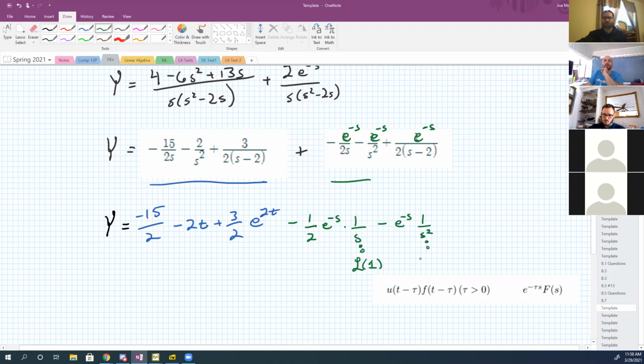I just did this one earlier; I'm pretty sure that's the Laplace transform of t. Then I have a plus 1/2 e to the minus s times 1 over s minus 2, and that is the Laplace transform of e to the 2t. Are you good with these?